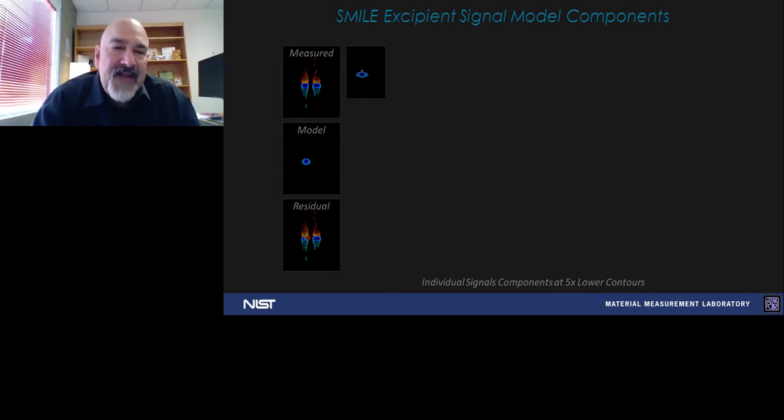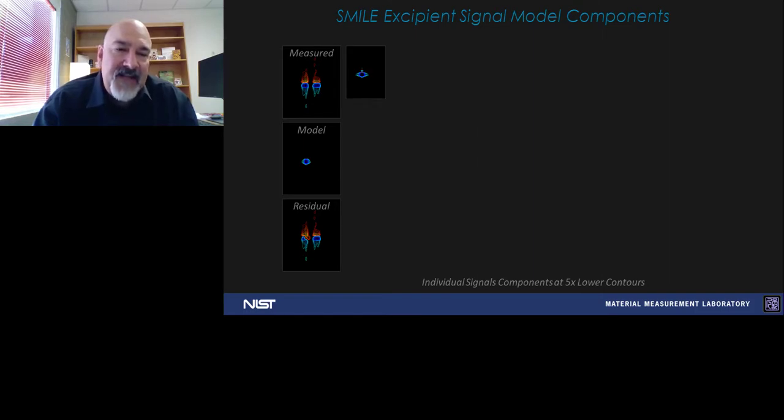So on the left-hand side, what you see at the very top is what a particular region of the spectrum, in this case the histidine excipient signal, looks like. And then in the little postage stamp plots on the right-hand side, you can see the collective succession of terms that are added to try to model that measured histidine signal.